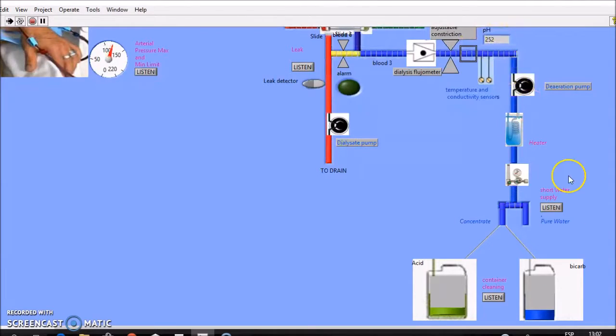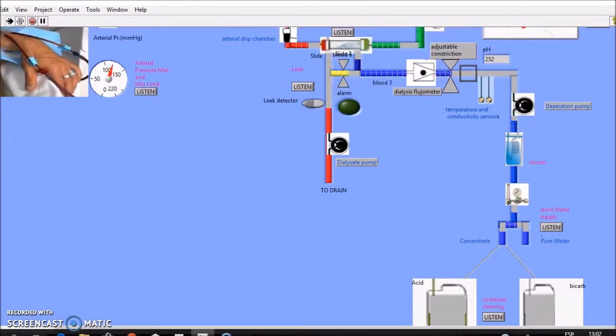With this range, the adequate conductivity. This part is the aeration, and chamber flow and water level are kept constant.